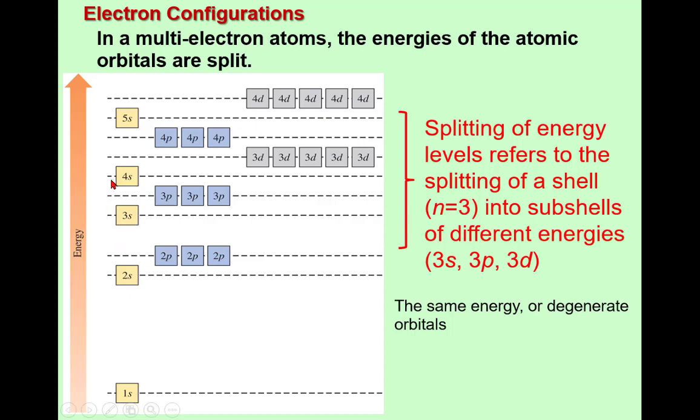If we look a little bit upward, here we have the 3s orbital and 3p orbital, and they have principal quantum number 3. The 3p orbital is a little bit higher in energy than 3s, and then comes the 4s orbital.